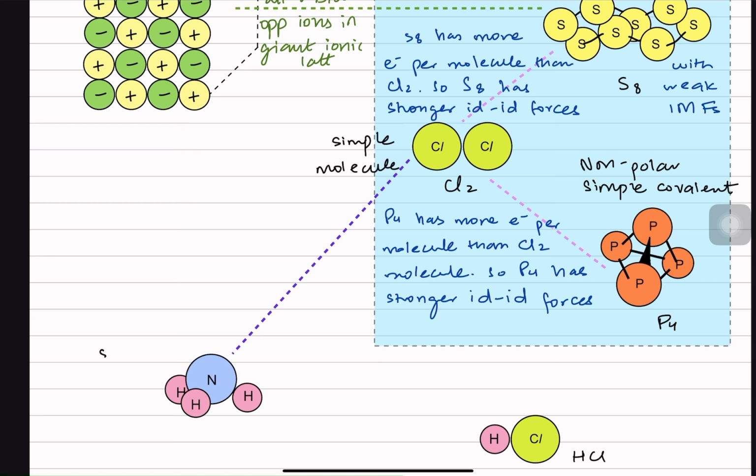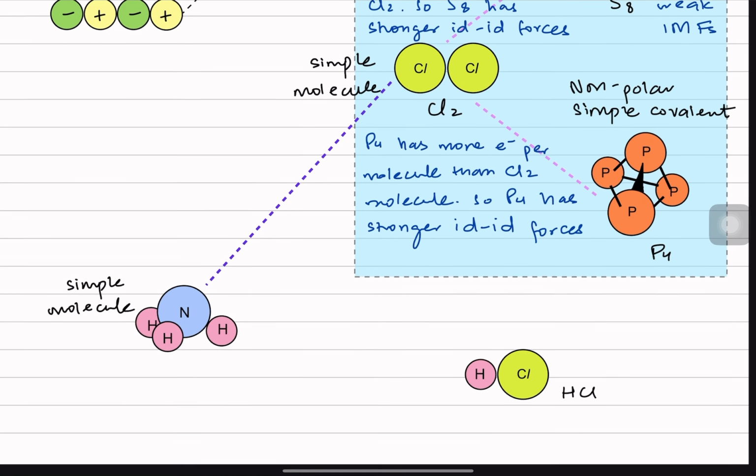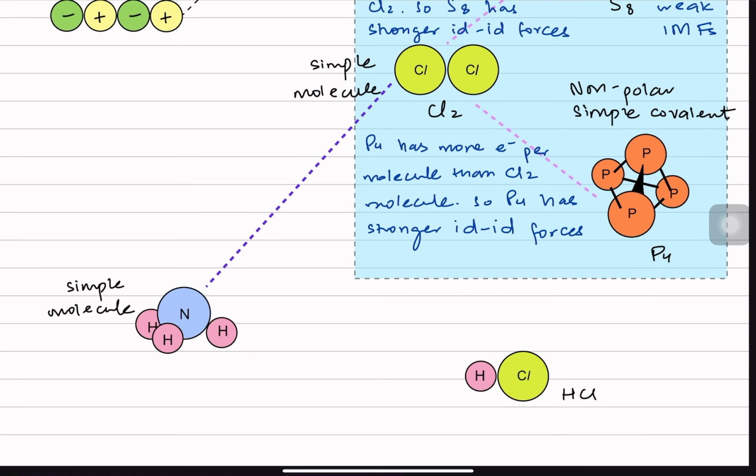Ammonia is also a simple molecule. This time I will have to specify the kind of intermolecular force. Chlorine is non-polar, ammonia is polar. So this time don't just talk about ID. In one it would be ID, but in the other it would be a kind of PD force.